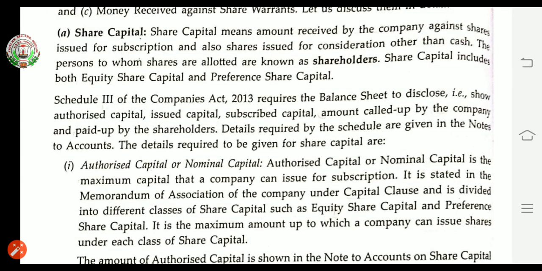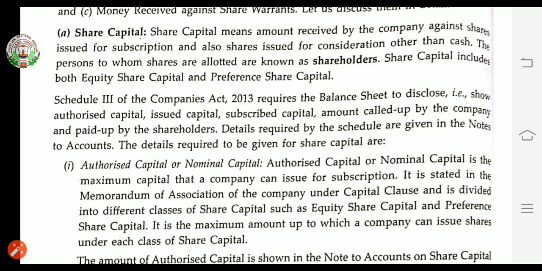First of all, understand the meaning of a share. A share is a document issued by a company which entitles its holder to be one of the owners of the company. Share capital means the amount received by the company against shares issued for subscription, and also shares issued for consideration other than cash. Shares issued for subscription for cash means that in return for shares they get the money.